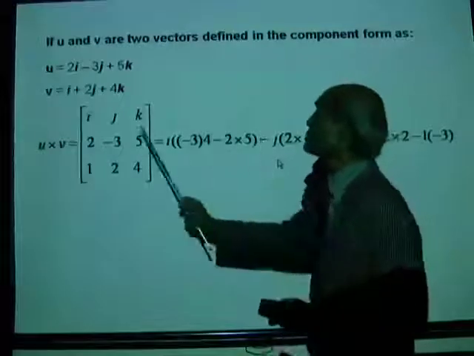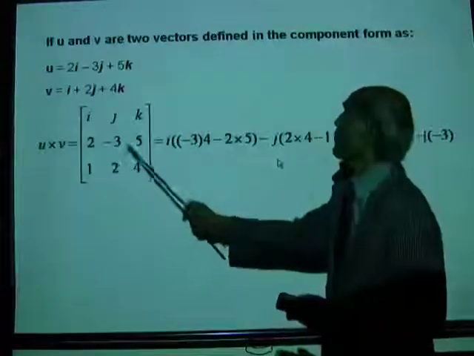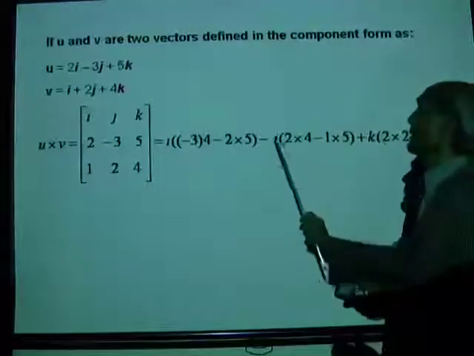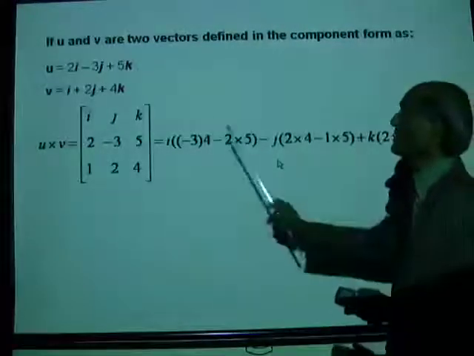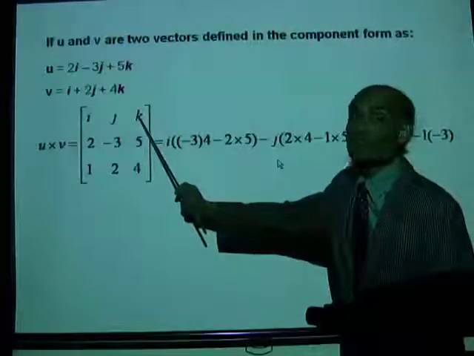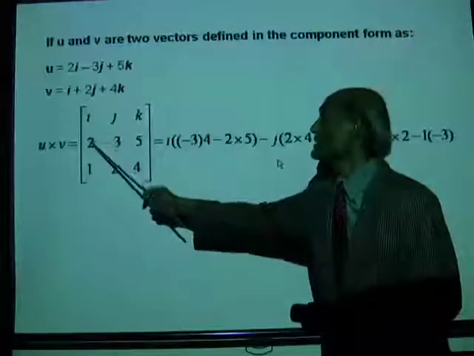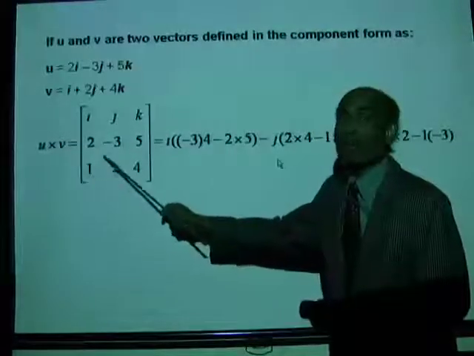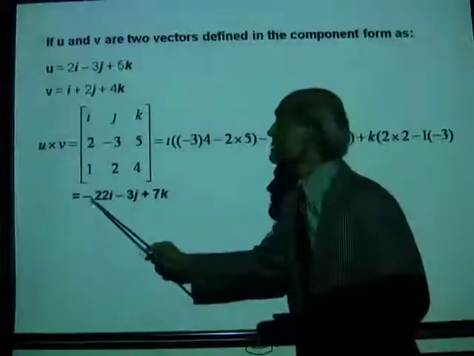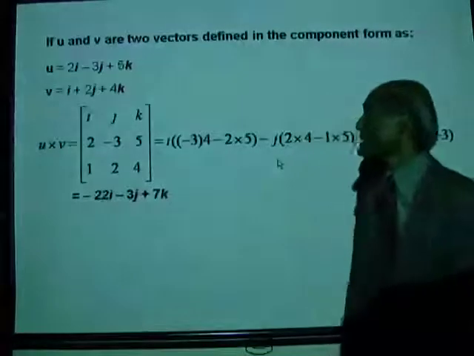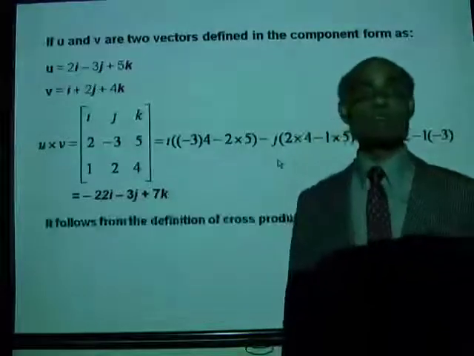Now, minus j times, do the same thing, (2 times 4 minus 1 times 5), plus. Now, if you start with positive, then negative, then positive, k times what? Cross out this column and this row. It will be 2 times 2 minus 1 times negative 3. And that will give me negative 22i minus 3j plus 7k. That's how we find the cross product of two vectors.